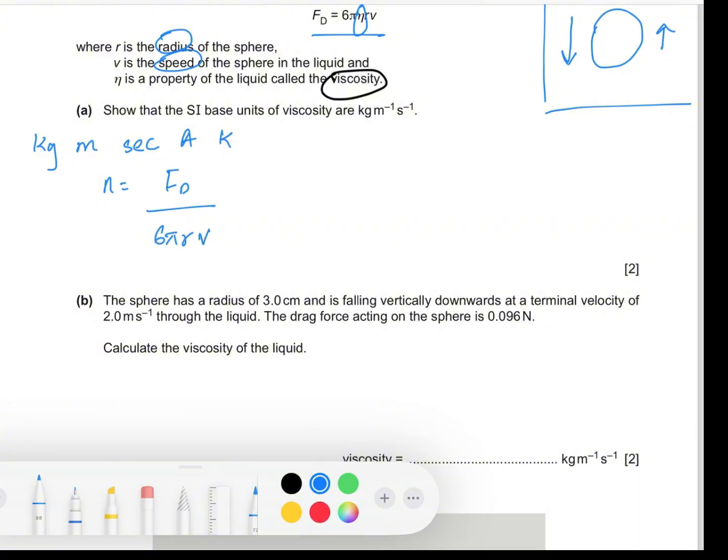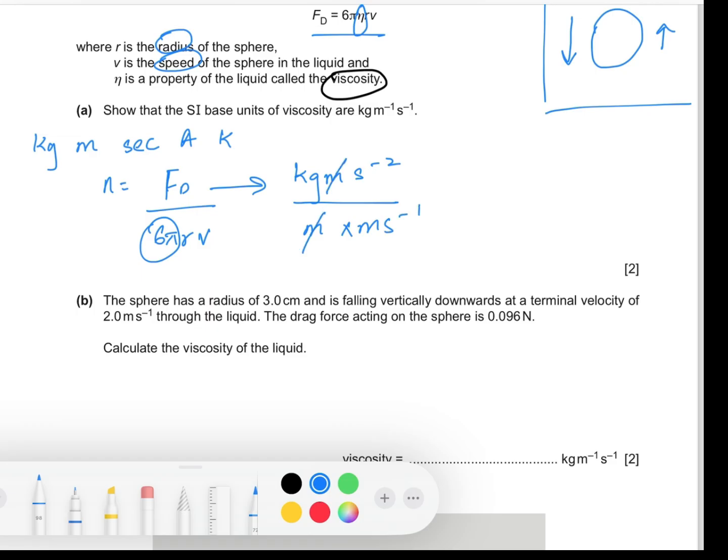and speed. Now, force in terms of SI base units, the units are kg meters per second squared divided by the units of the denominators. Now 6 pi is a constant, so there's no unit for that, and radius is a length which is measured in meters multiplied by the unit of velocity, which is meter per second.